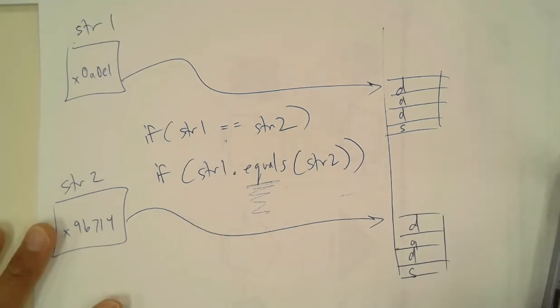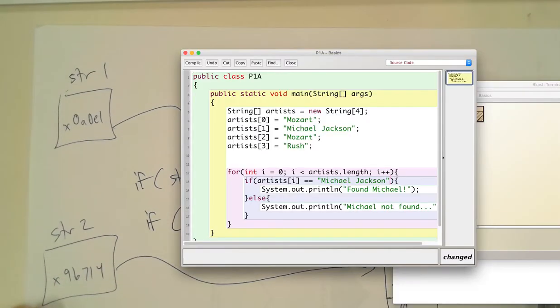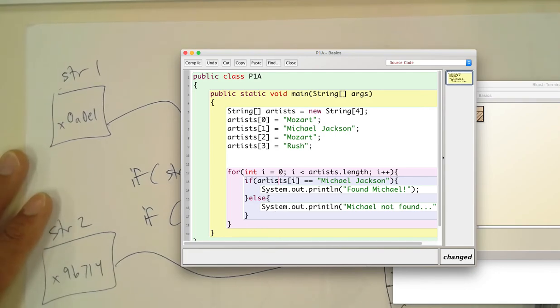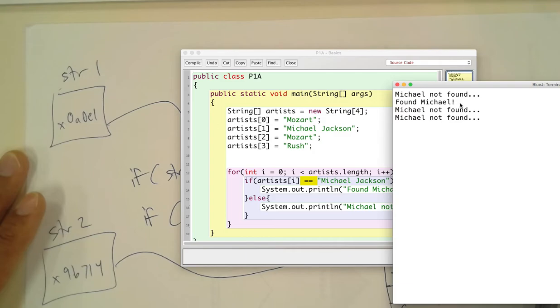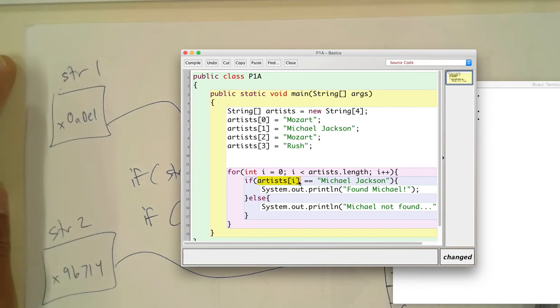they're not. Okay. So taking us back to our program, you might be asking yourself now, okay, well then if I used equal equals here, then why is it returning I found Michael, right? Well, the reason why is because what we're comparing here is what the artist 1 is pointing to is Michael Jackson, right?